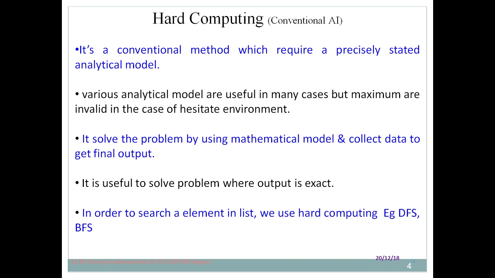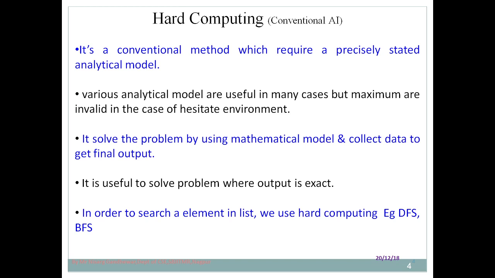At that time you have to make use of soft computing, which is based on fuzzy logic. Ultimately it is based on probability. Suppose we are giving the answer in terms of probability, then it is a specific answer, it's a good answer. Hard computing solves the problem by using a mathematical model and collects data to get the final output.